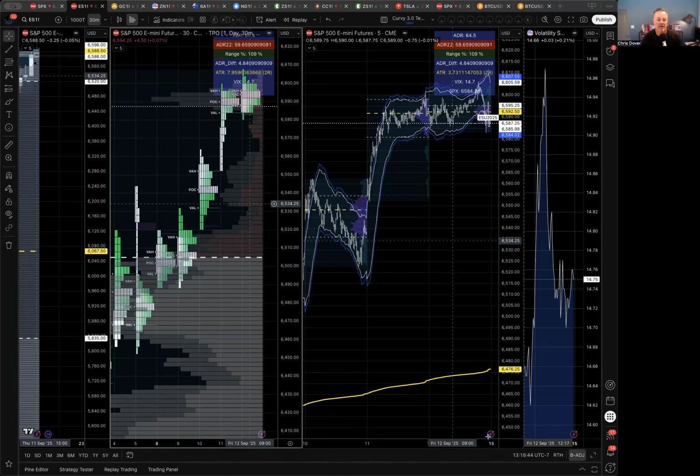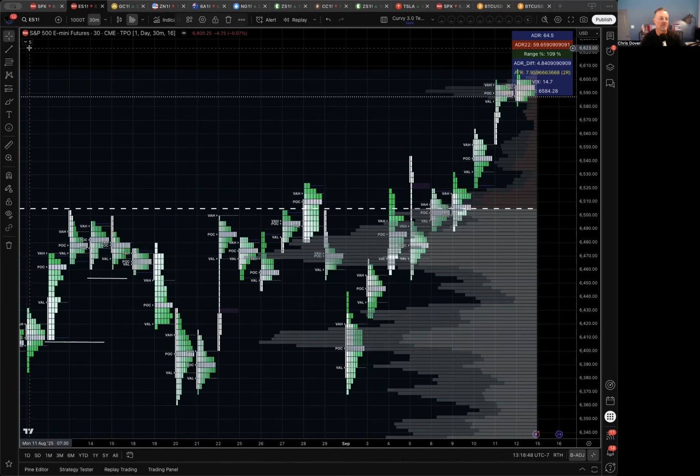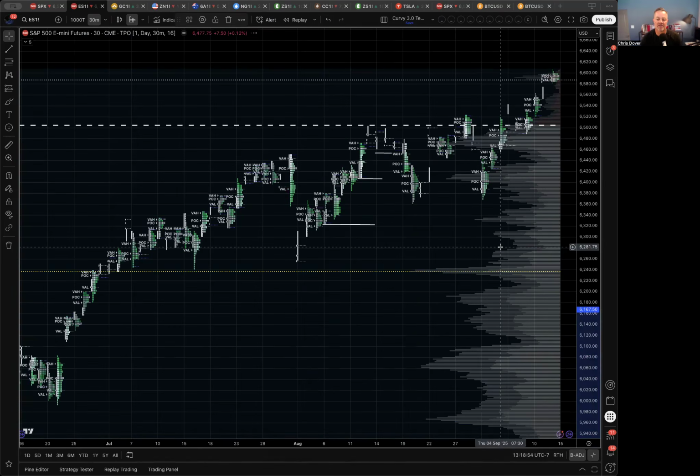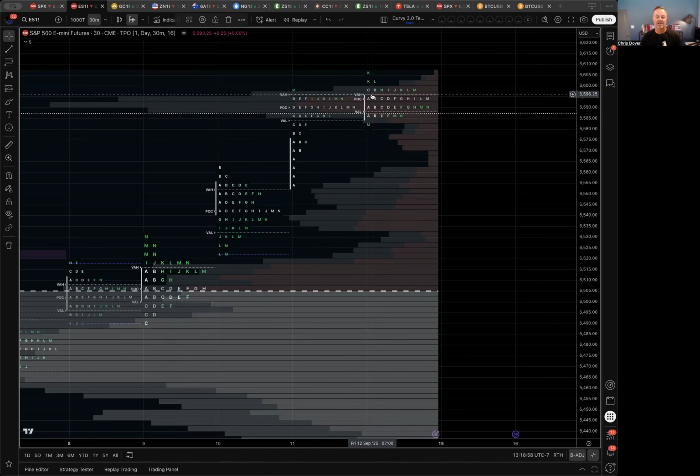So now we're going to take a look at the market profile. I don't really need the ATR at the moment. What this represents here is that each little letter you can see represents a 30-minute time period where price has traded at that level.